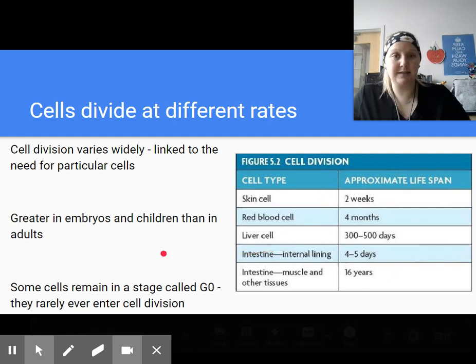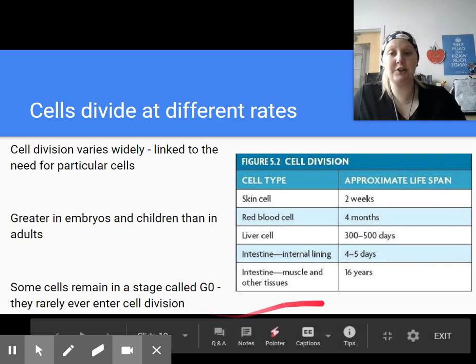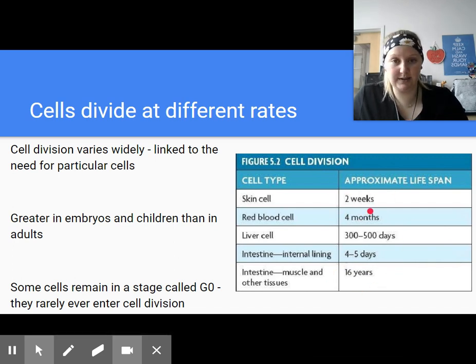Some cells remain in a stage called G0. They rarely ever enter cell division and can stay in G0 for 16 years. Now, just because our skin turns over every 2 weeks doesn't mean every single skin cell in your body turns over every 2 weeks.